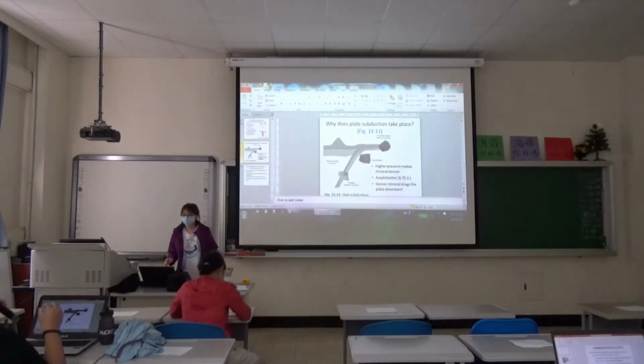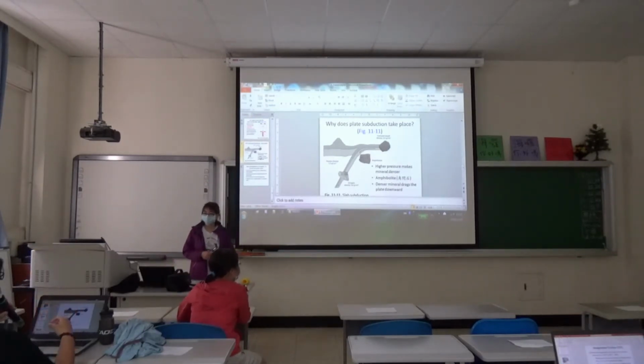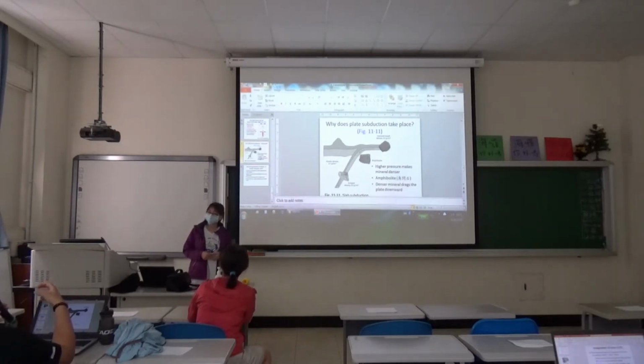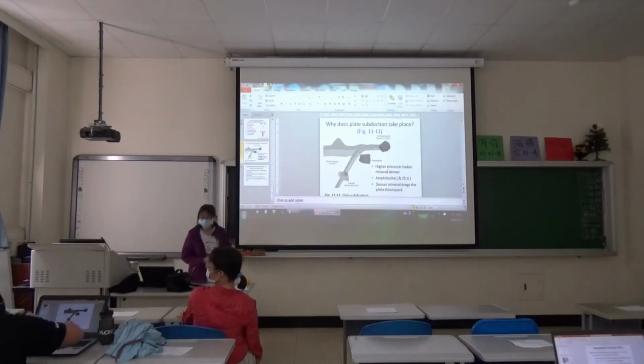As you just mentioned, the rock will go down and its density will increase. It's because the pressure increases, right? But my question is, as the pressure increases, the size of the rock must decrease because of the pressure. Then the total weight may be the same. So why does it have the power to pull the plate down?